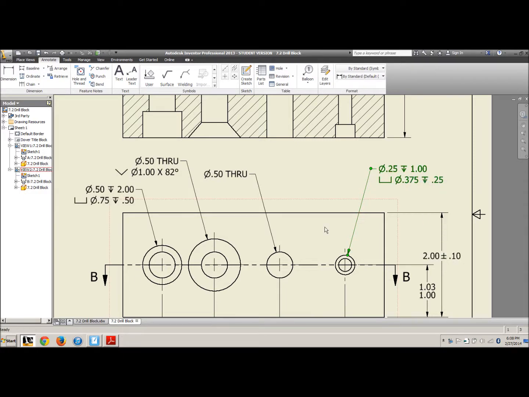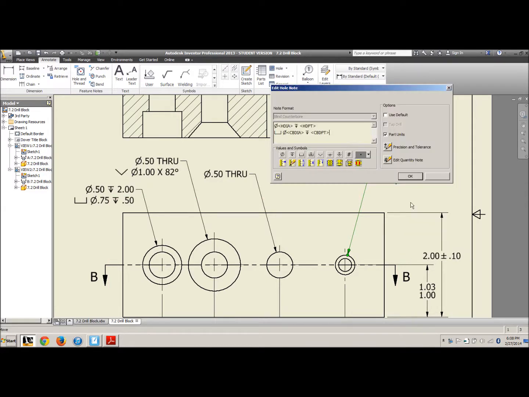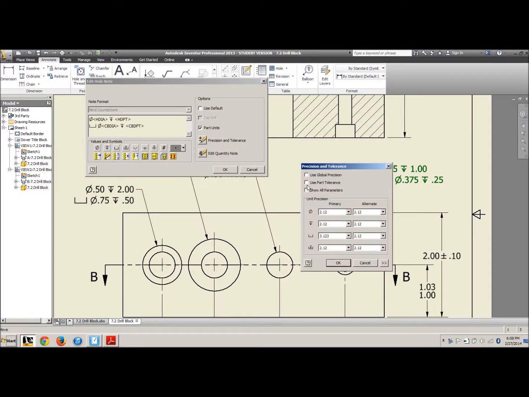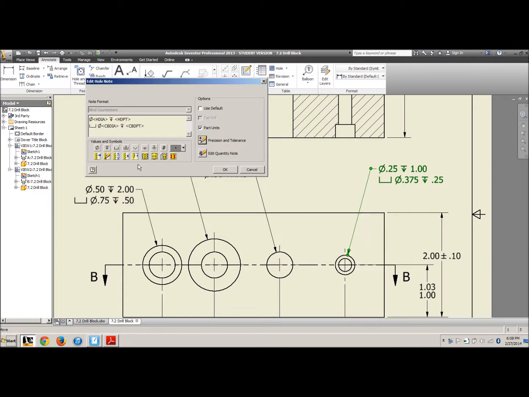Let's see. So let's edit that hole note again. Precision and tolerance. How am I going to add the tolerance?